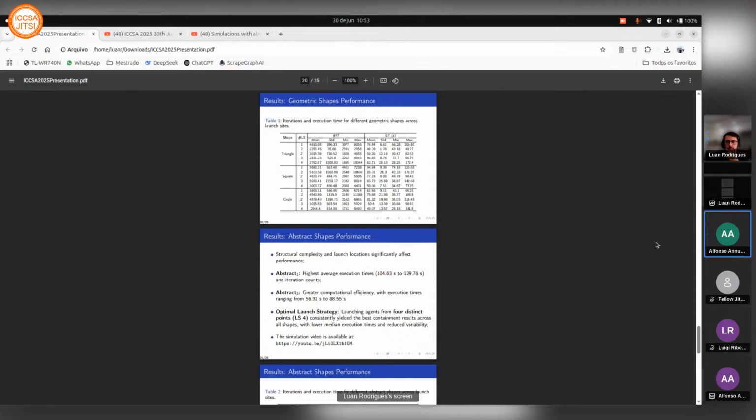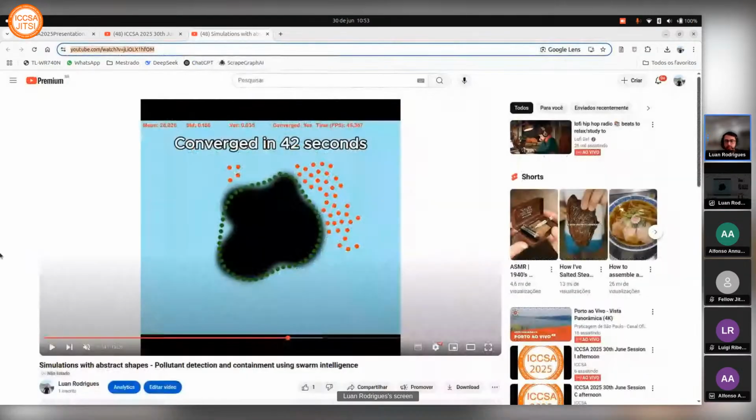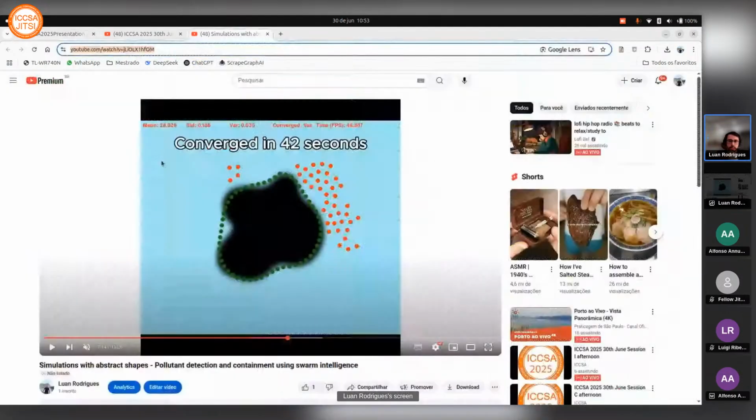Louise is saying it looks like the behavior of the immune system. Have you checked something like that? Not yet, but I will be doing this analysis.